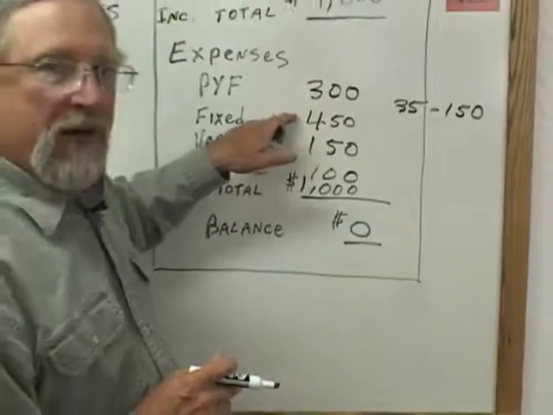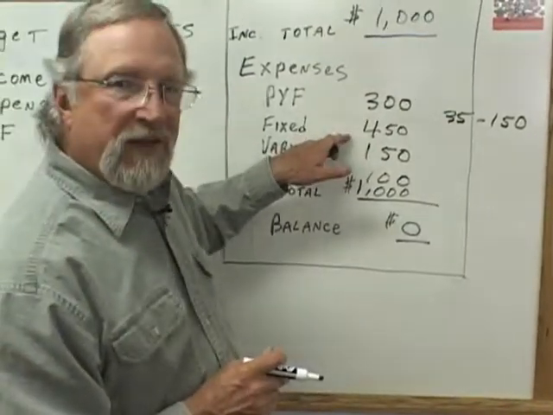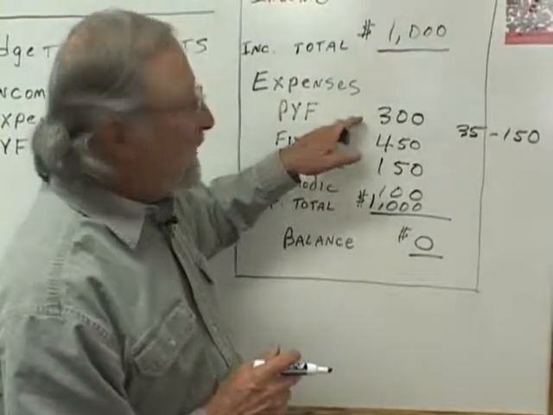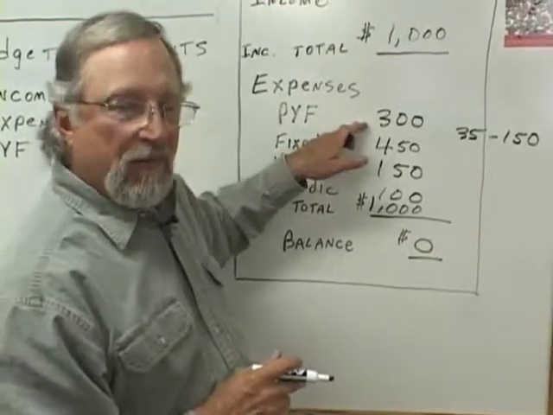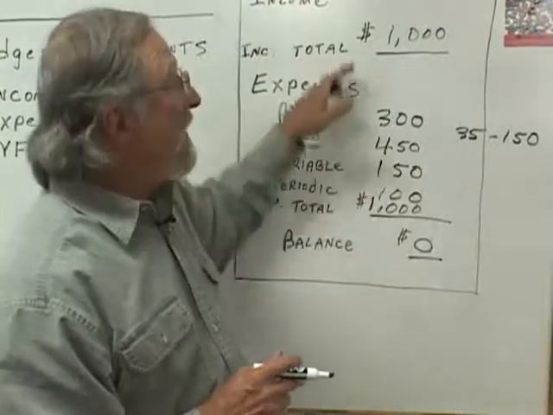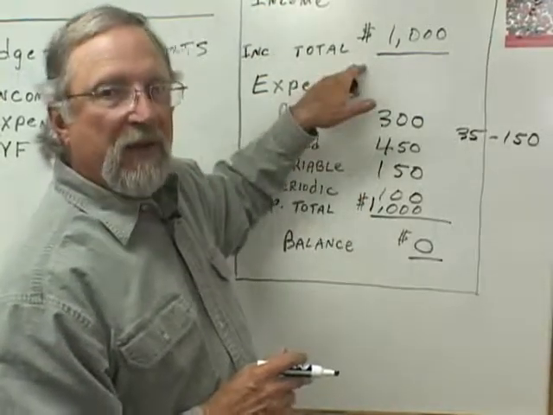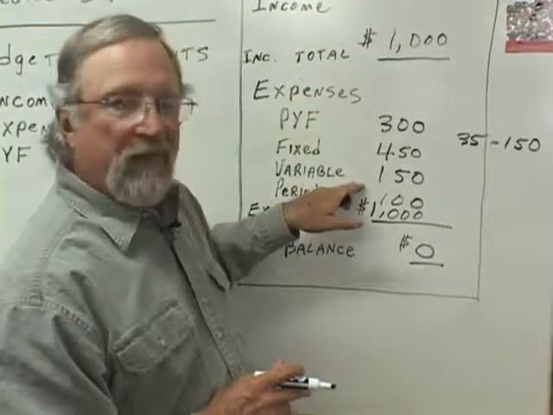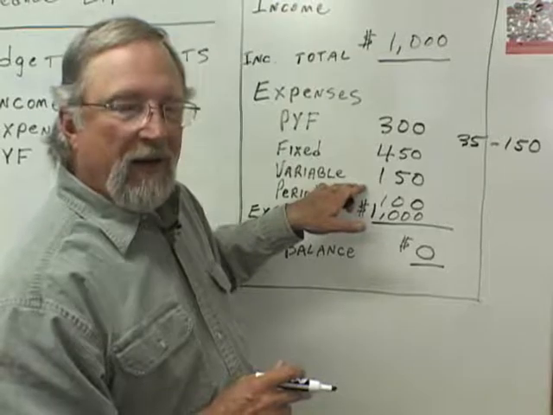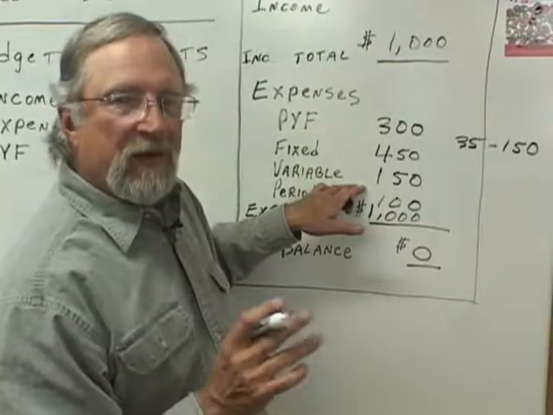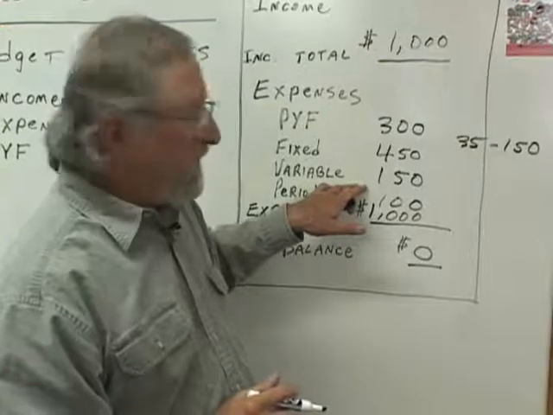Then you will go down here and examine your fixed, your variable, and your periodic expenses. If your budget comes out so that you have greater expenses than you have income, then you will have to go into your budget and find where you can cut your expenses back so that you can rebalance your budget to zero.